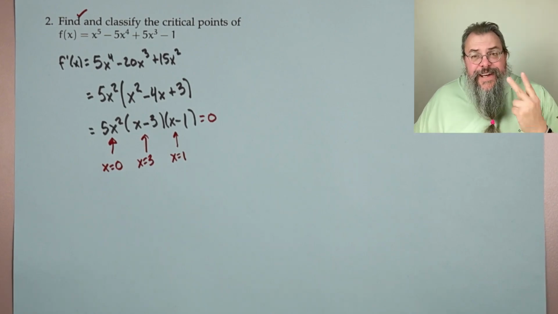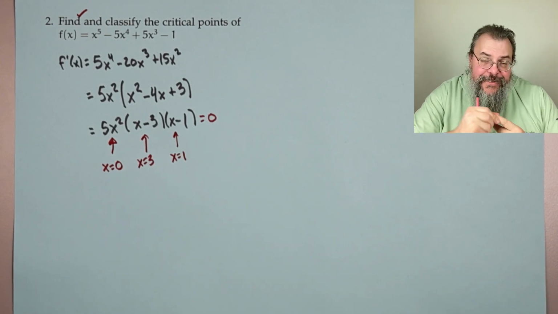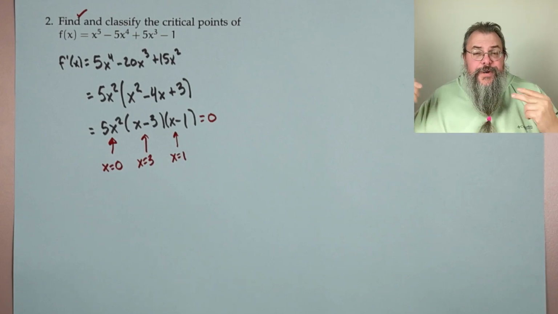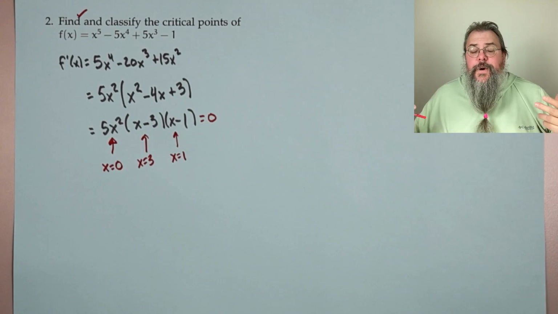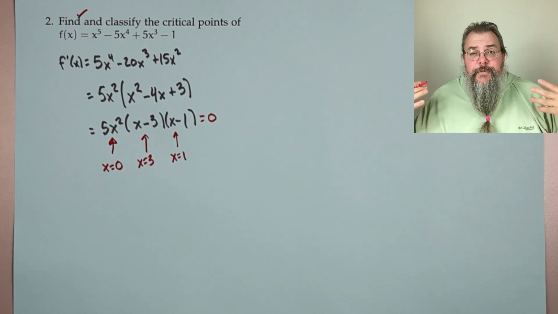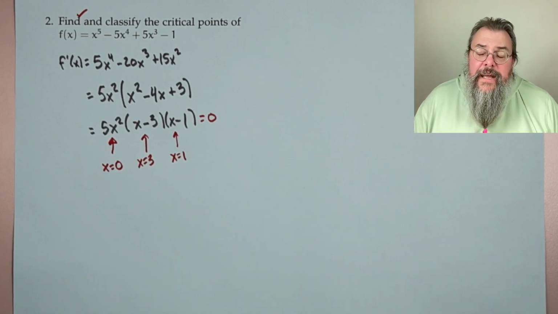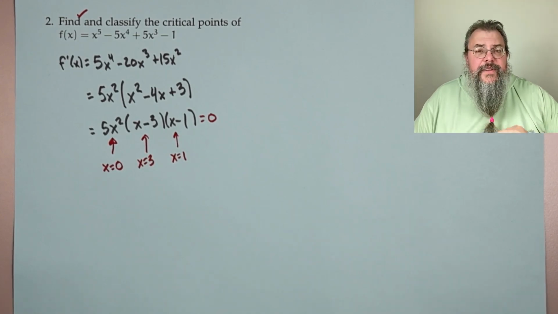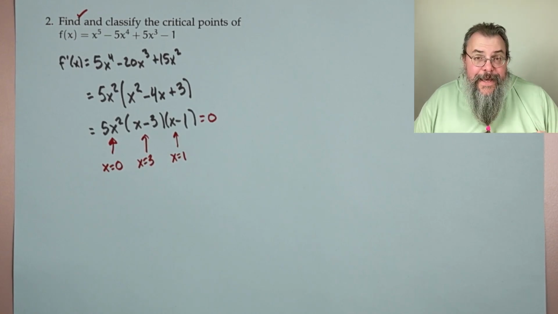There's two tests called first derivative test and second derivative test. Which one do we use? And does it matter? Well, the short answer is it doesn't matter which one we use. The real question is, which one's better to use? I'm biased. I tend to try to do the first derivative test if I can.